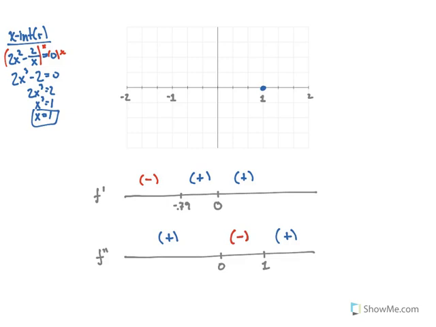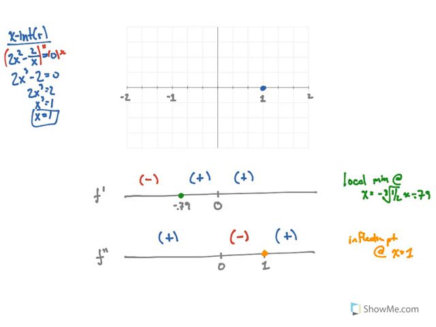And now let's analyze the function using the signs of the derivative. Note that we know we're going to have a local min at x equals negative cube root of 1/2, which is about negative 0.79. And we are going to have an inflection point at x equals 1.